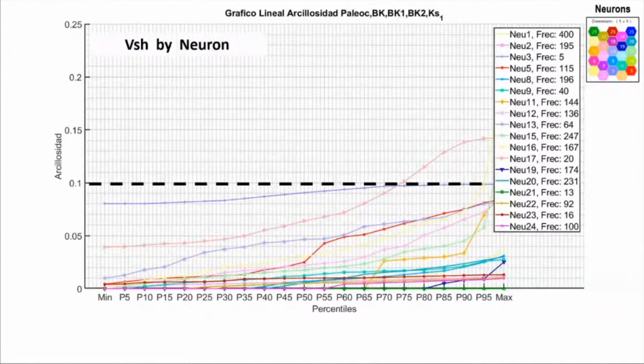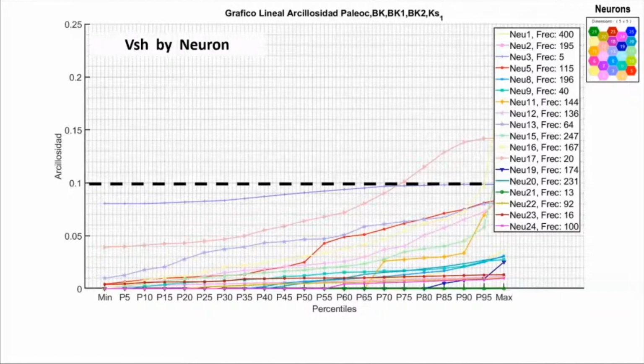So maybe you have 400 for number 1 or almost 200 for number 2, but number 3 only has 5 samples. So this is a way to make a further analysis and apply the criteria in a good way.